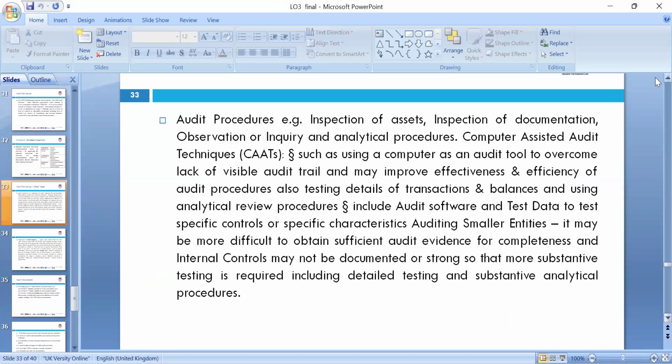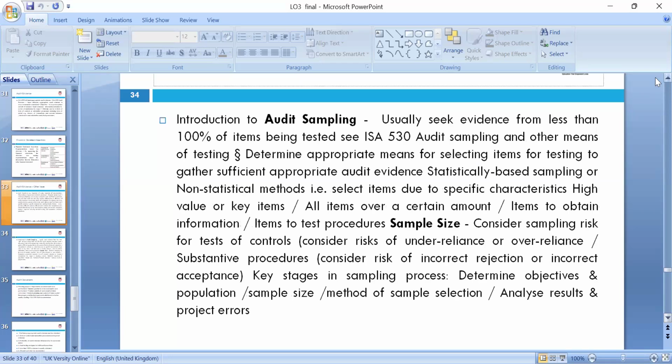Okay, so audit procedures are inspection of the assets and inspection of the documents, and we can look around computer assisted techniques. These different programs we can use help effectiveness, efficiency, sample size, and the data, in line with the different accounting standards. Completeness is inherently controlled by strong substantive testing, which is required and includes detailed and substantive analytical procedures.